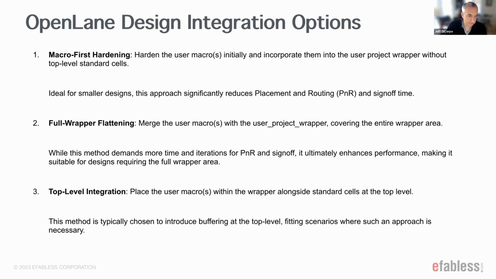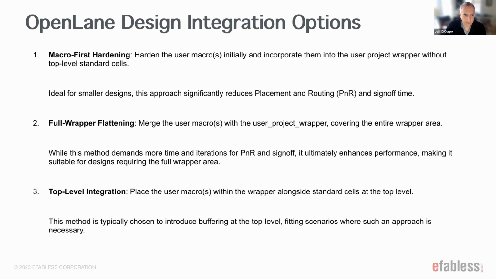You'll find this example is what was used in the current Caravel user project. We're going to go through that in a few minutes. This is the starting point we'd point most people to who are just getting started with the chipIgnite solution and looking at the examples that are provided.